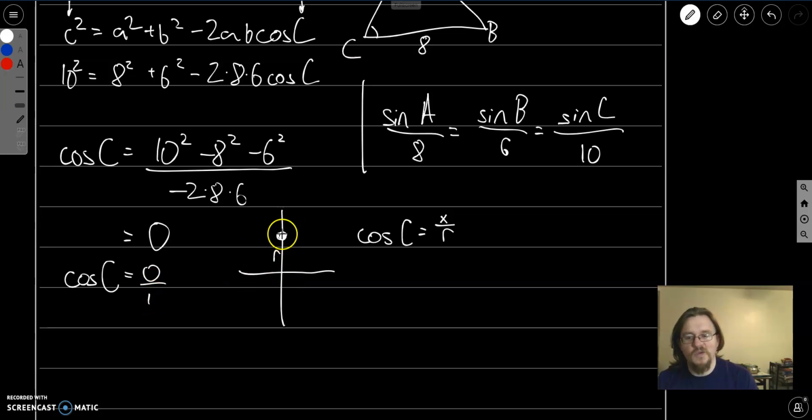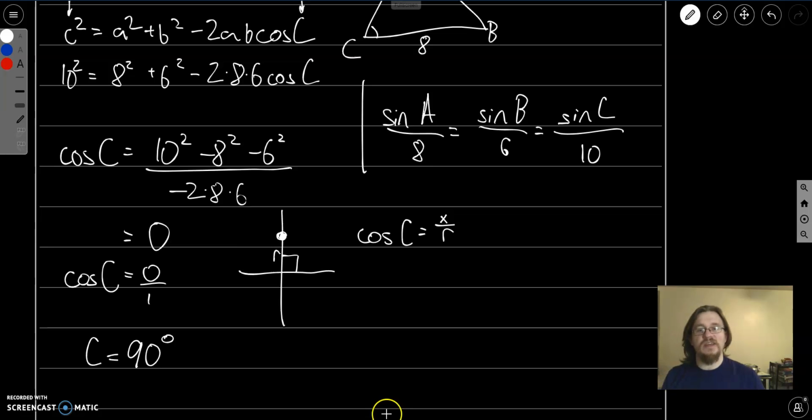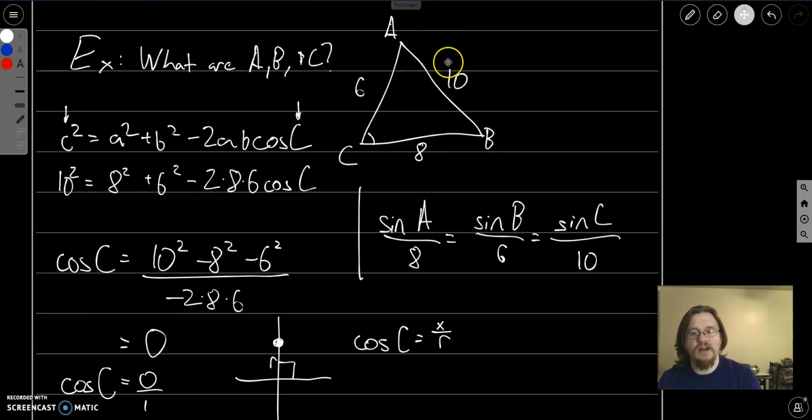We're, in fact, 1 up, and that is a right angle. C is exactly a 90-degree angle, which is quite nice. It's quite interesting. So C is going to be a right angle in our picture up here.